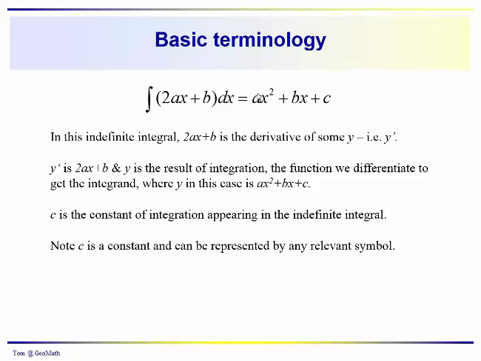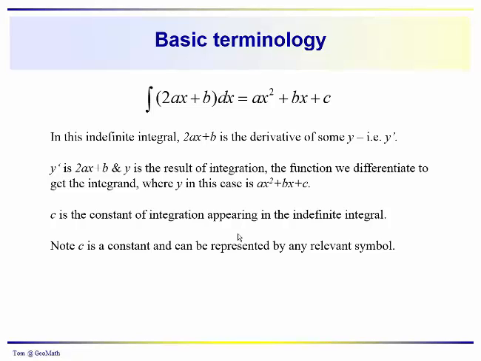We've estimated what that is over here. And so this is our derivative. It's the integrand. The function we differentiate to get the integrand is the value y, in this case, in our notation. And c is just that constant of integration.